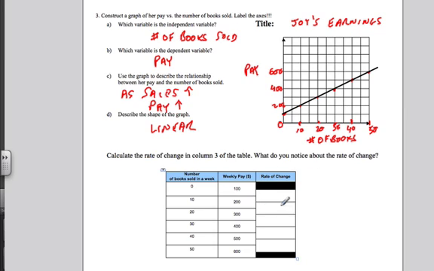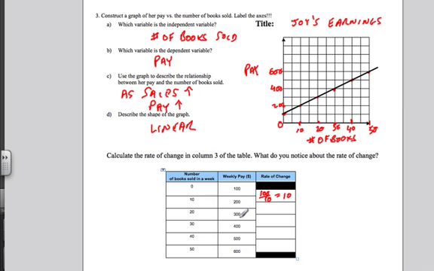And when we go to the rate of change, well, it's going to be 200 minus 100. So we have an increase of 100 over 10 minus 0. So we're going up by 10. So 100 over 10 is 10. And we're going to get the same thing here.